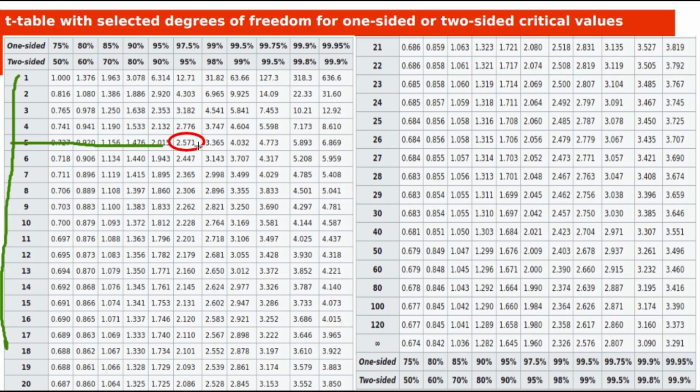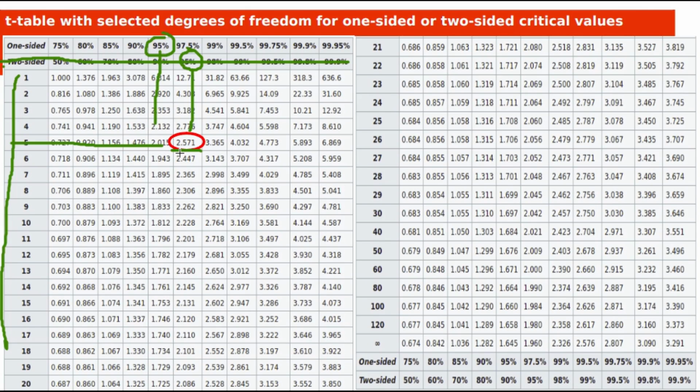You have to see this row, and our test is a two tail test, so see this row here, 95% confidence level, so this is our value, 2.571. This is the t critical value for degrees of freedom 5 and 95% confidence level for a two tail test. If our test is a one tail test, then you have to take the value from this column.